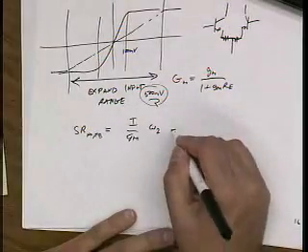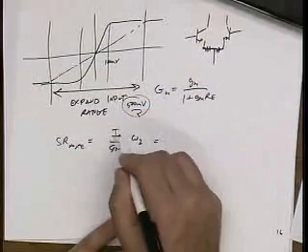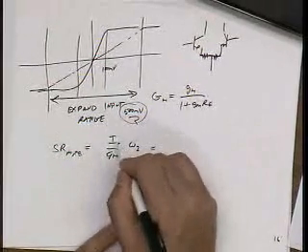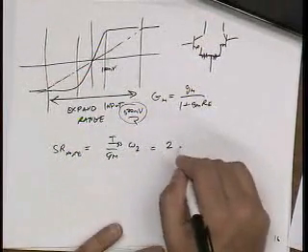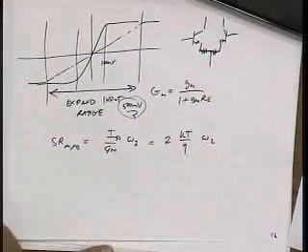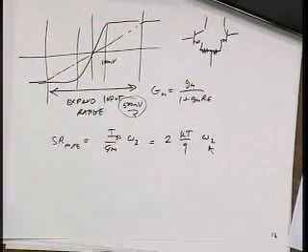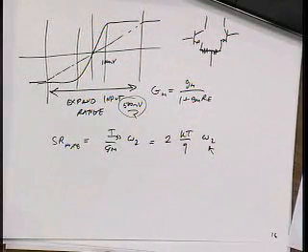And for a bipolar transistor, the current is half the total current. Let's call this ISS. So I get 2 kT over Q times omega 2. It's a fixed number. Slew rate just depends on the location of the non-dominant pole, right?